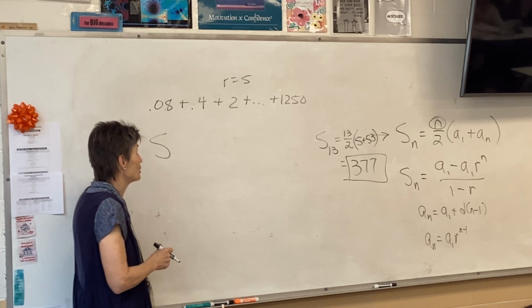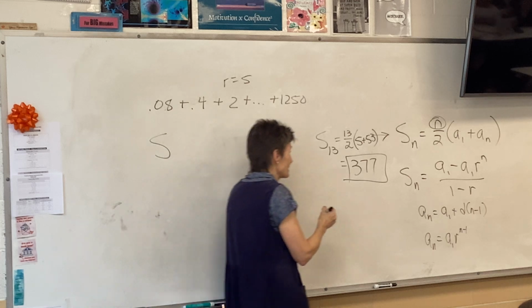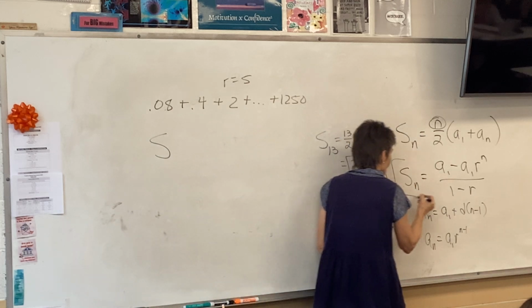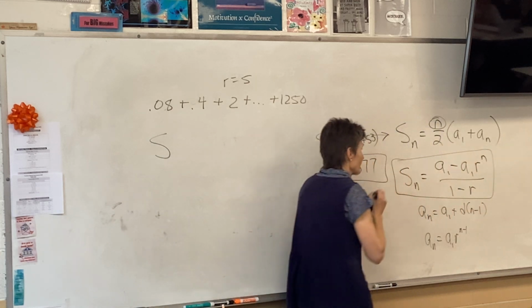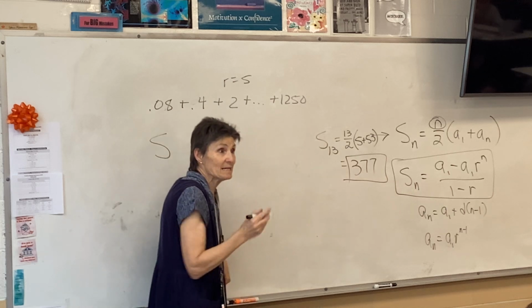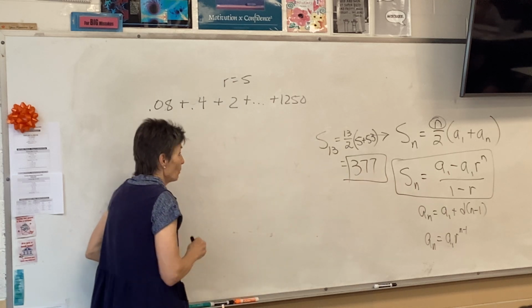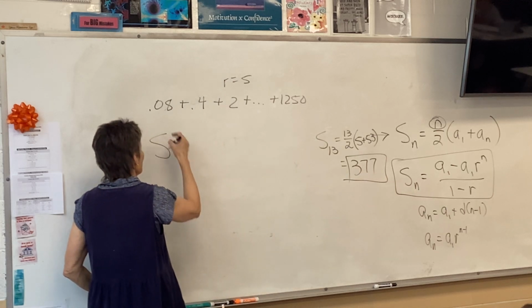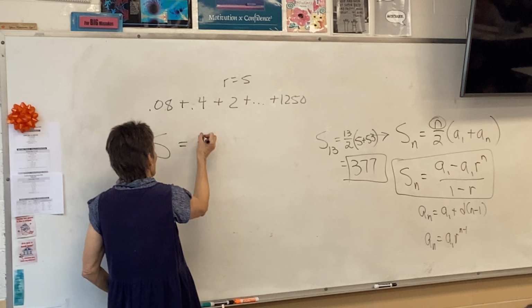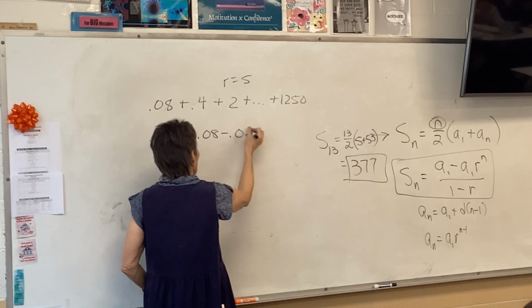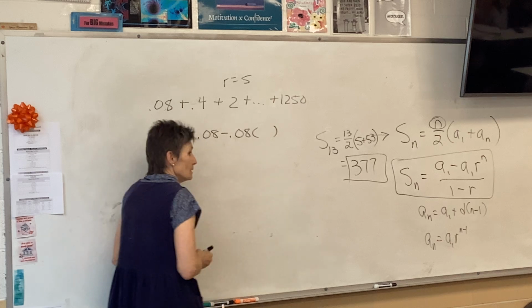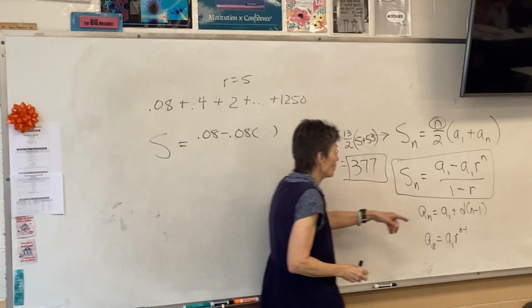All right, so we're geometric. That's this formula right here. So what do we need to know to use that formula? Well, we need to know the first term. Do we know the first term? It's 0.08. Then we need to know the ratio.